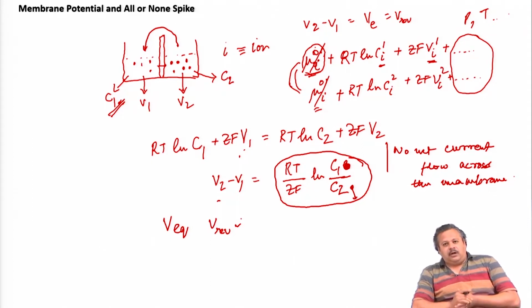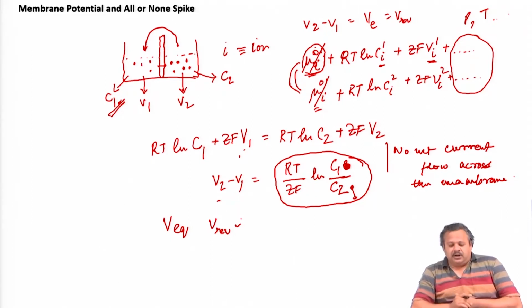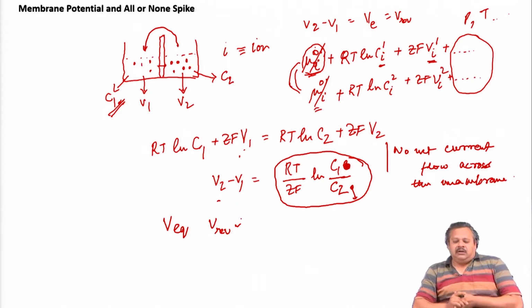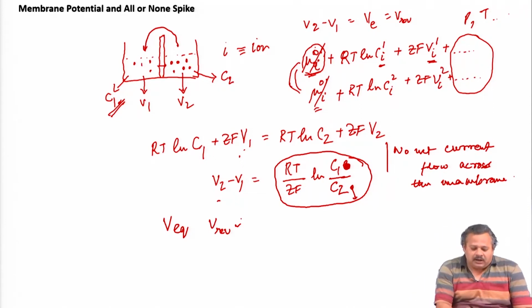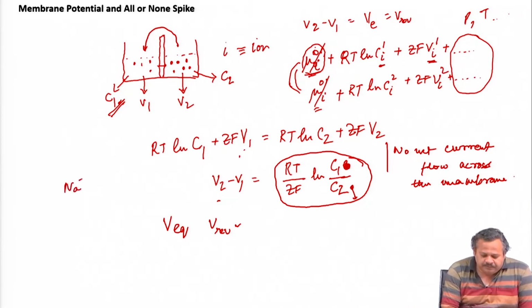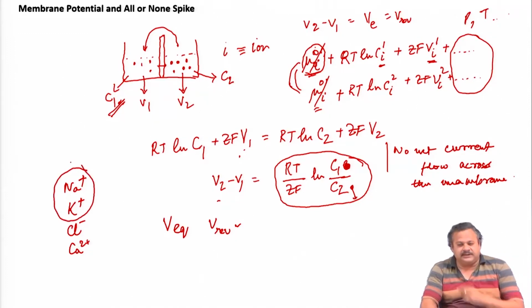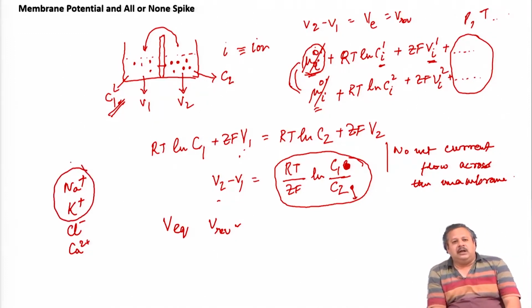So for neurons, as we had mentioned earlier, the key players in terms of the ions are sodium, potassium, chloride and calcium, of which we will see that with the sodium and potassium ions only, a lot can be explained.